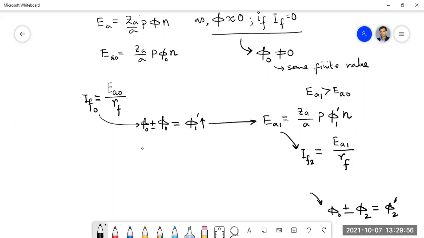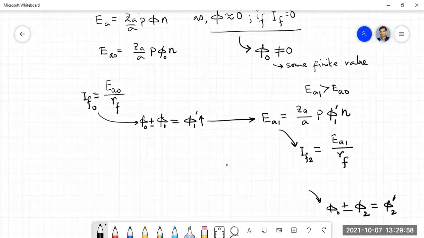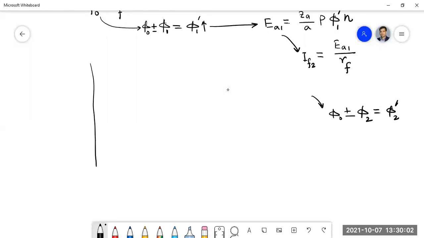Okay, so that means if I want to show it in a similar graph where I have field current in the x-axis and voltage in the y-axis, how will it look? So initially the field current was 0, but still we are getting some voltage, and that voltage is EA0.